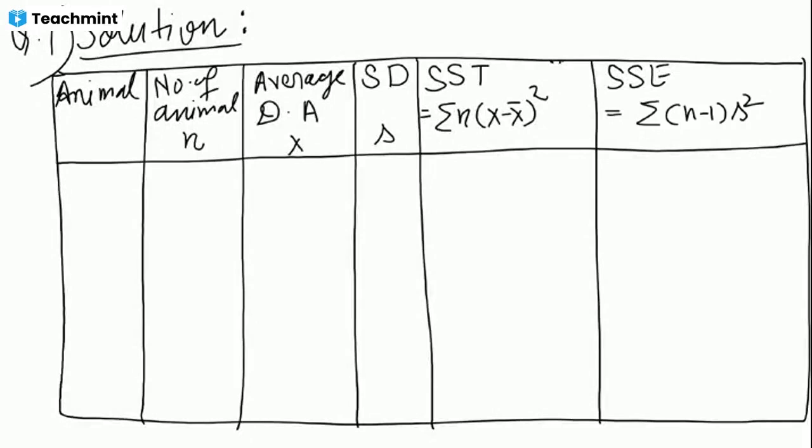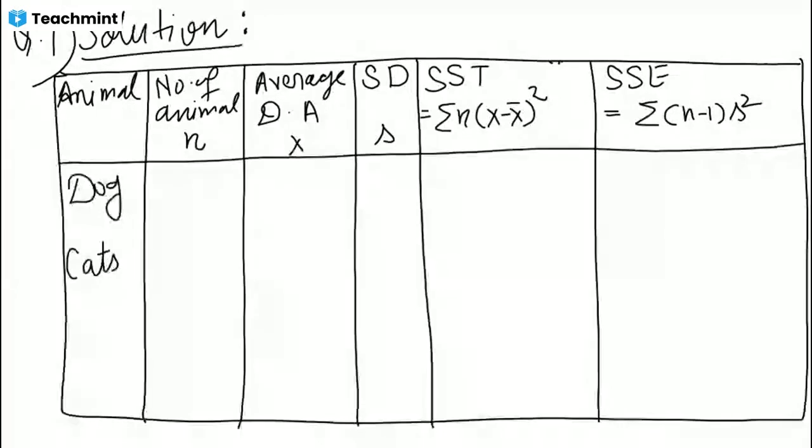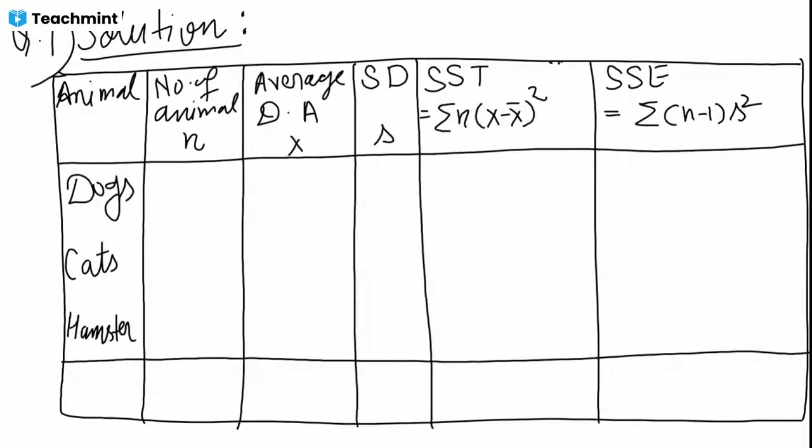So animal names: dog, cat, and mouse. Dogs 5, cats also, and mice also 5. So here each is equal to 5, so small n is 5, and we have three groups.